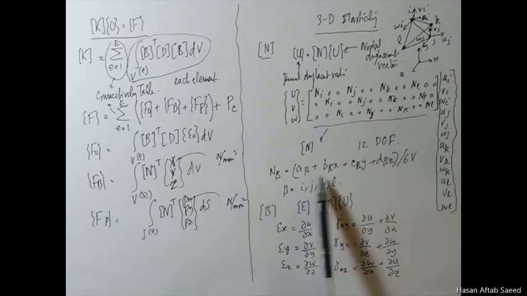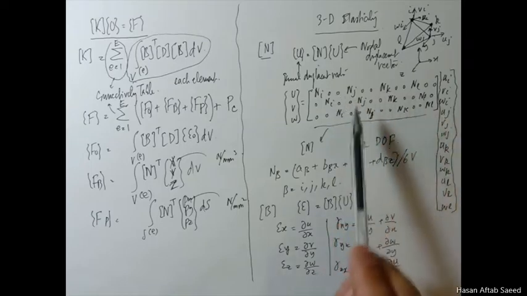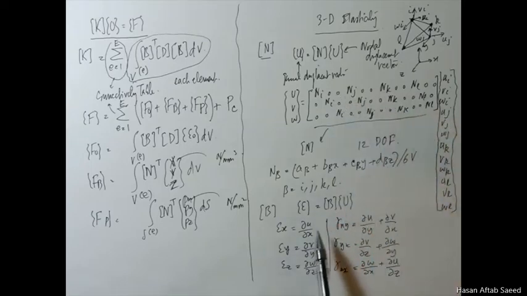So it has a constant, it has an x component, y component, z component. So when you differentiate this with respect to x, y, z, or in some cases mixed, then you get the B matrix. So there's nothing difficult about it. Let's see what shape it takes.